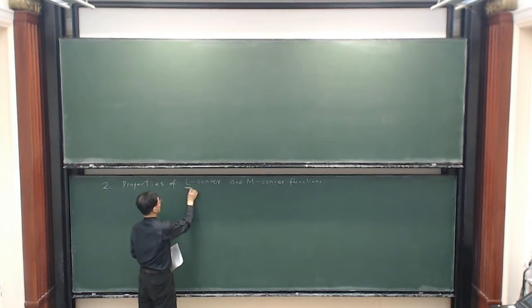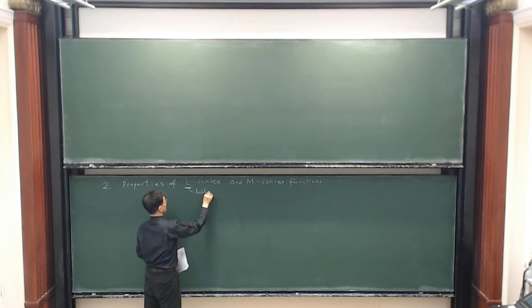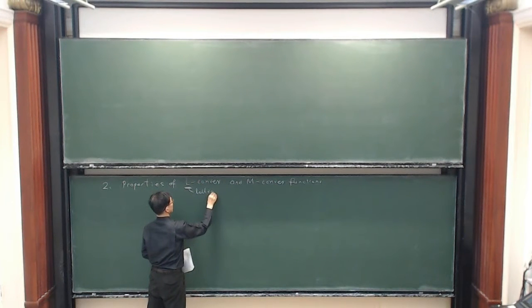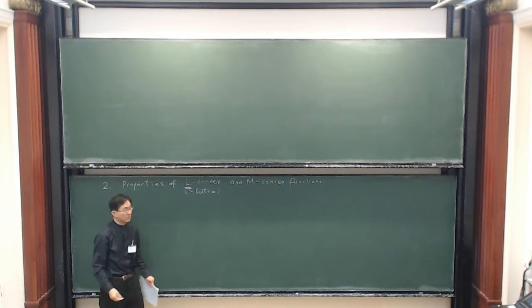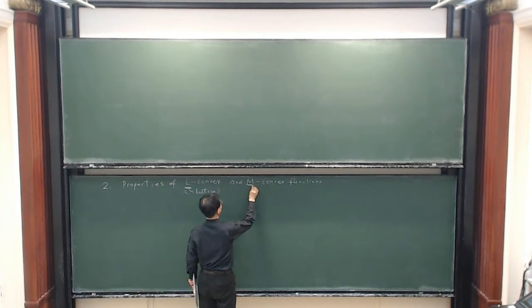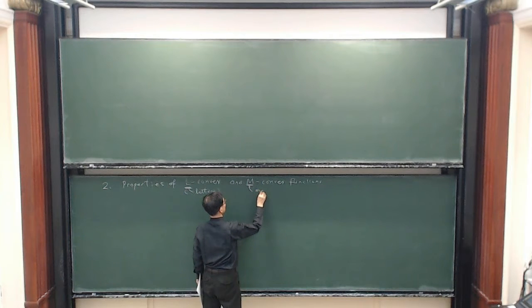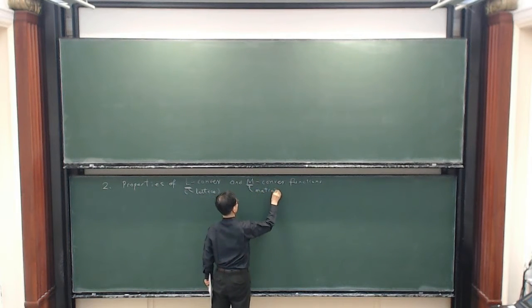So L stands for lattice, as you will see from the definition later, and M stands for matroid.